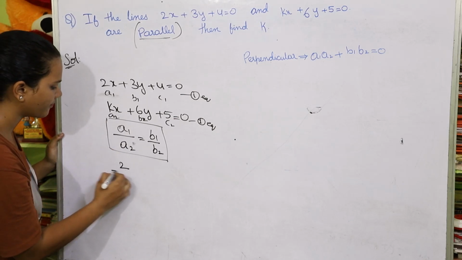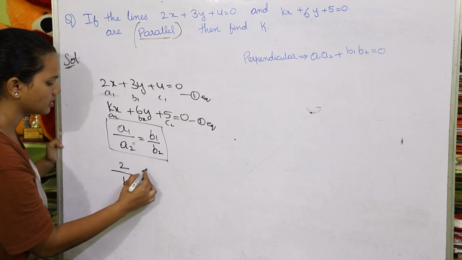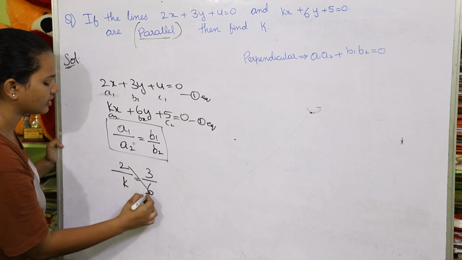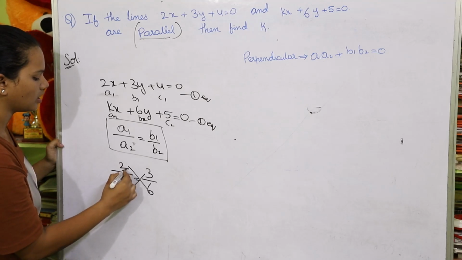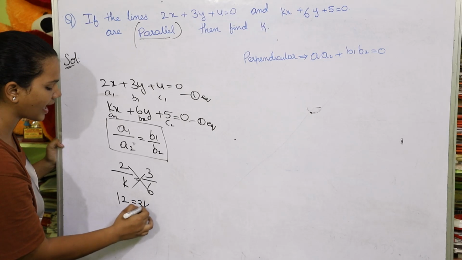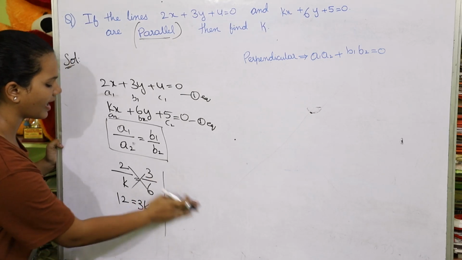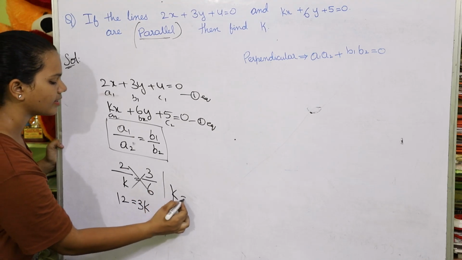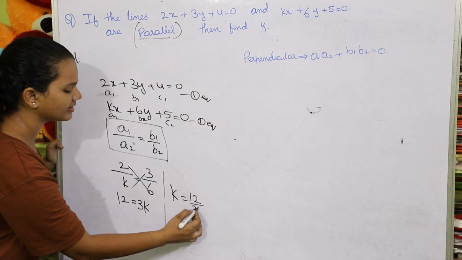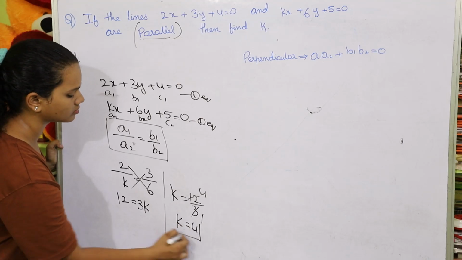So 2 by k, which is equal to 3 by 6. Cross multiply this. 2 sixes are 12. 12 is equal to 3k. So k is equal to 12 by 3, where 3 times 4 is 12. k is equal to 4.